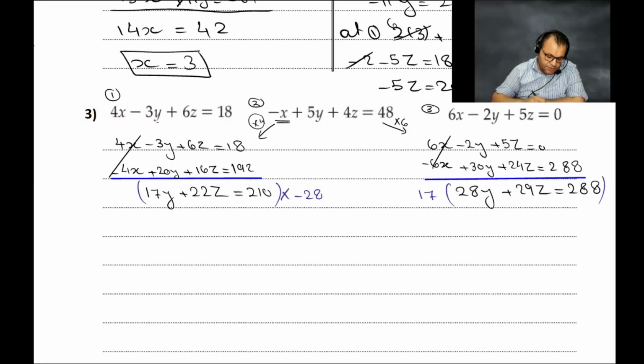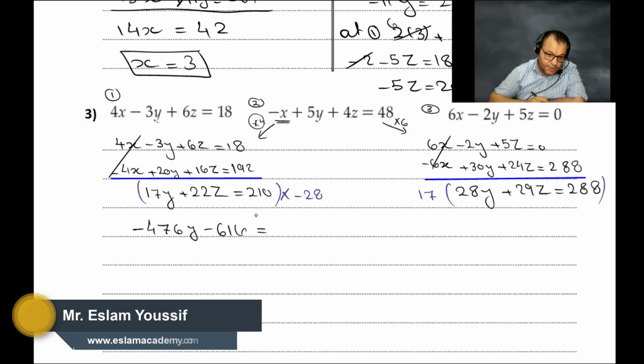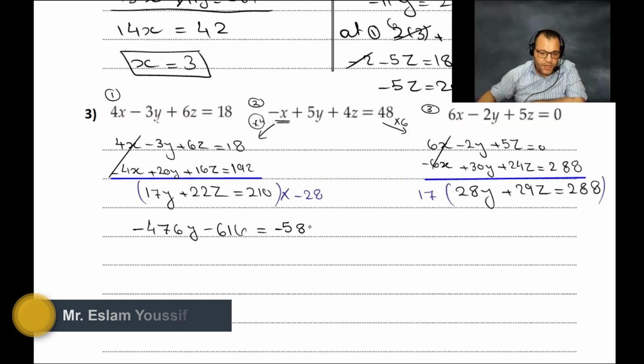So for the first one, it will be 17 times negative 28 equals negative 476y plus 22 times negative 28, negative 616z equals 210 times negative 28. So the answer is negative 5880.